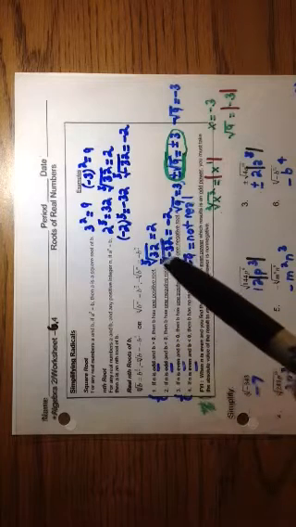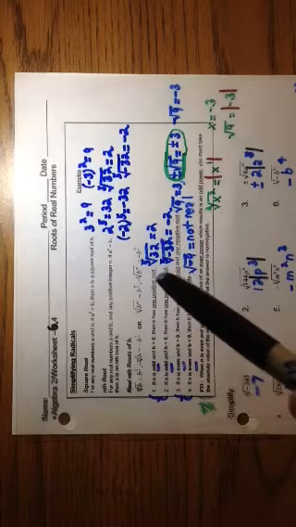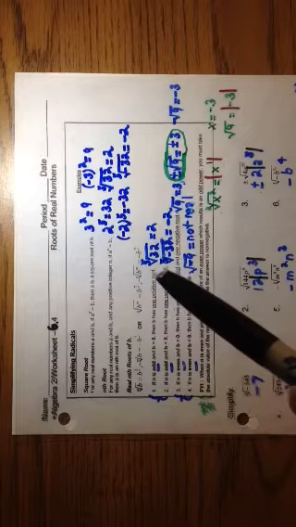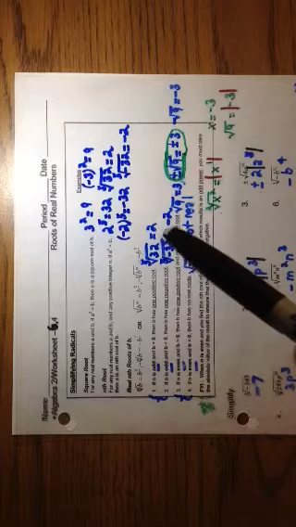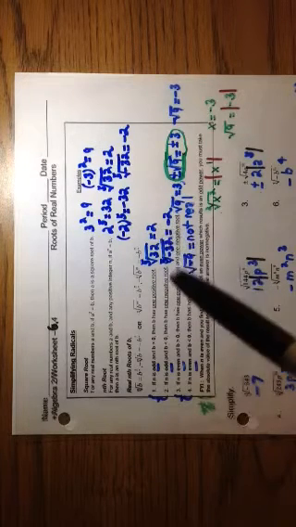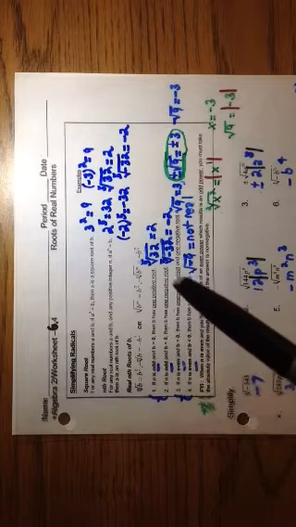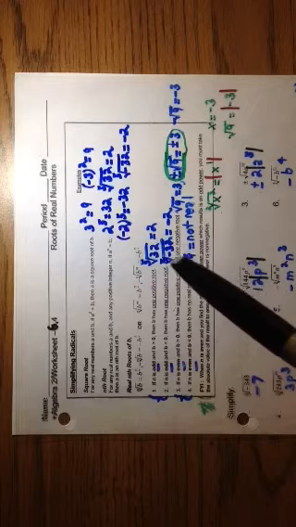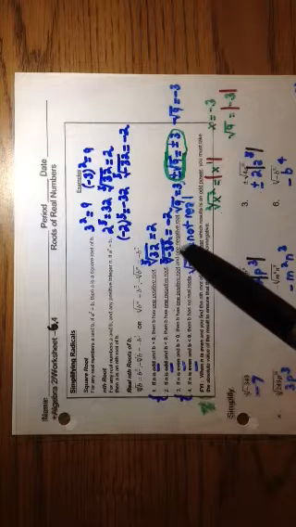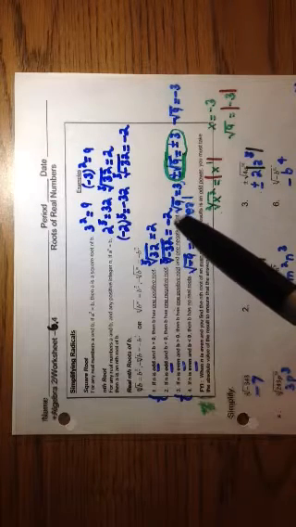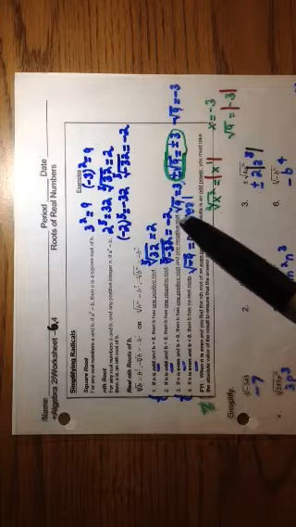If the radicand is positive, like the 5th root of 32, the root is positive and there's one positive root. In the case that you have an odd root and the radicand is negative, like the fifth root of negative 32, that means the root is negative and you get a negative 2.